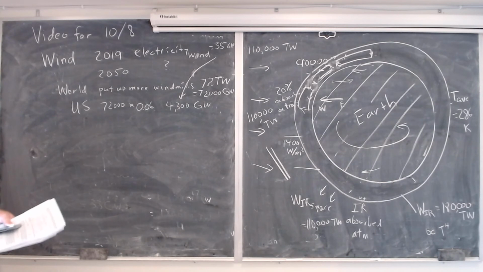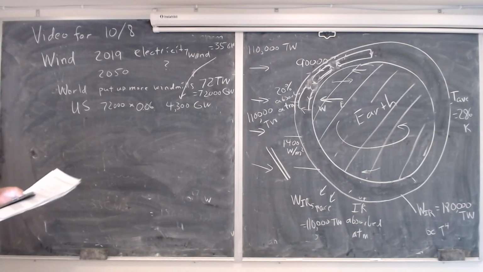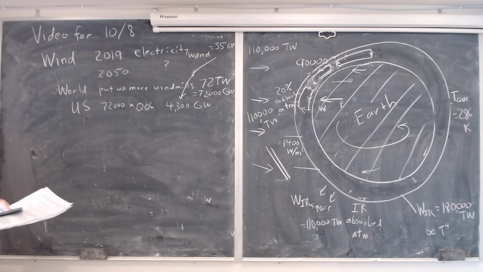Now, I don't think that you should put down 4,000 gigawatts for wind power, and there's a variety of reasons for that.